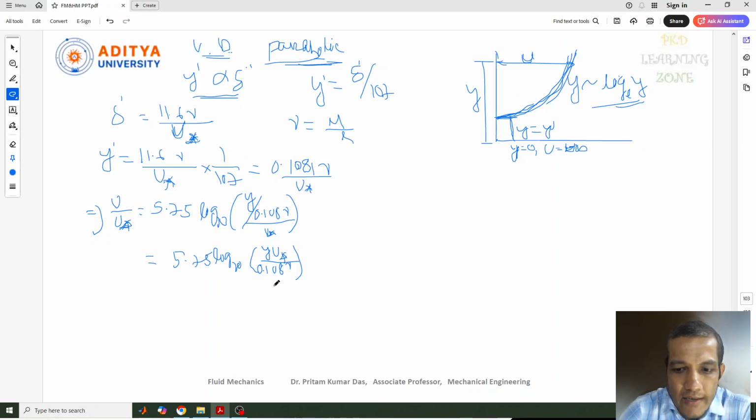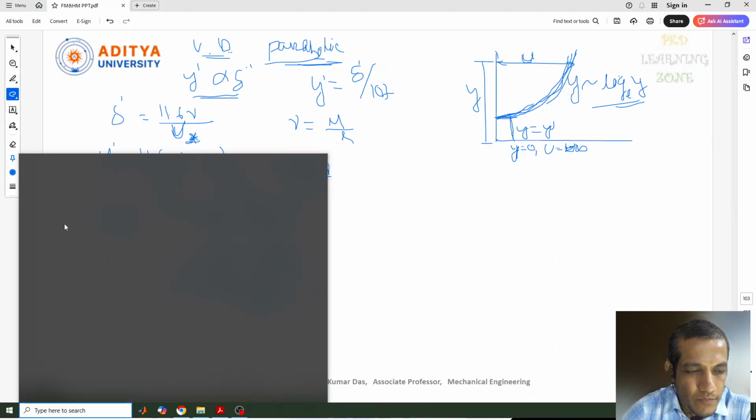Now again I'll do one thing: one more line, 5.75 log 10 of u star y by nu, and this one we can write as 1 by 0.108, which is something like 0.925.